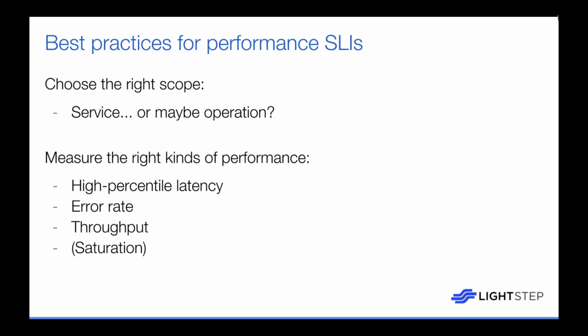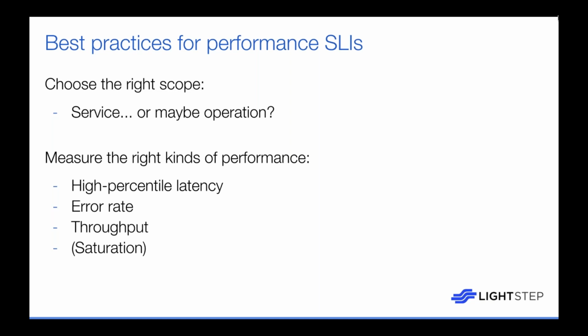Or you're going to set it so tight that you're going to constantly be missing your SLO, not because anything's really wrong, but just because writes take longer. So in that case, it might be better to set two SLIs, one for your read operation and one for your write operation, so that you can measure performance in a way that's meaningful for both of them.